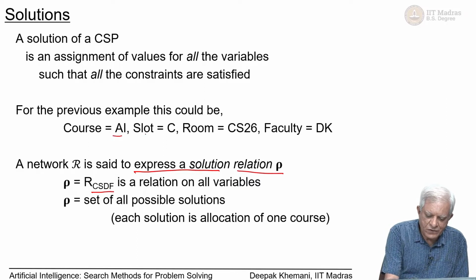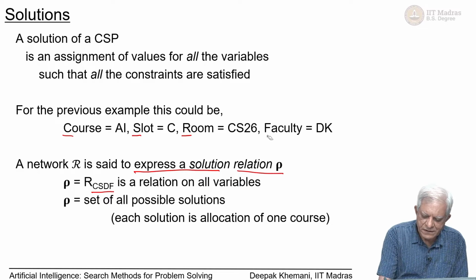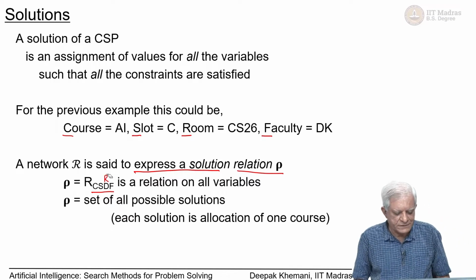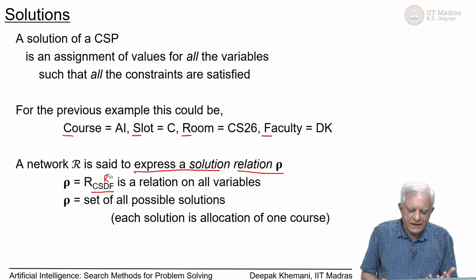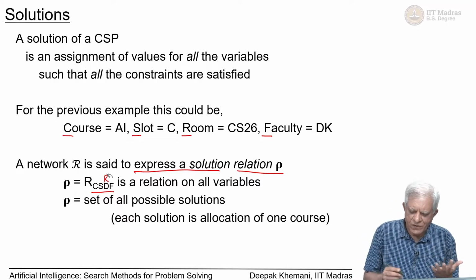We have a value for S for slot, C for course, R for room and F for faculty. So, this should have been R. And the solution relation is a set of all possible solutions.